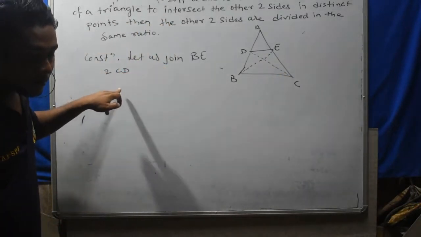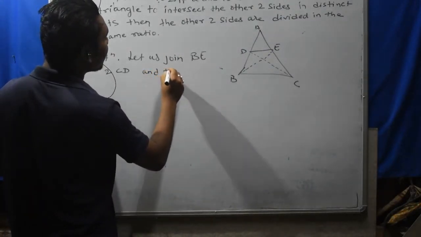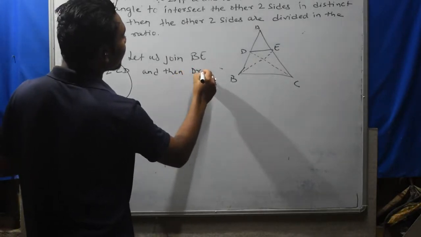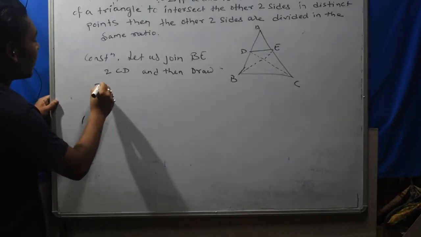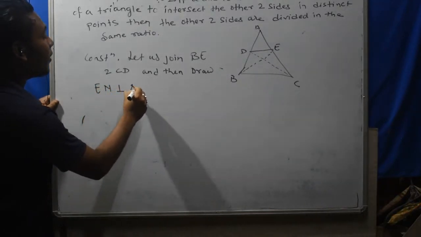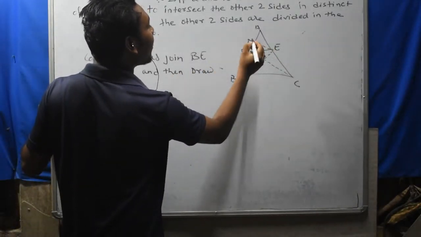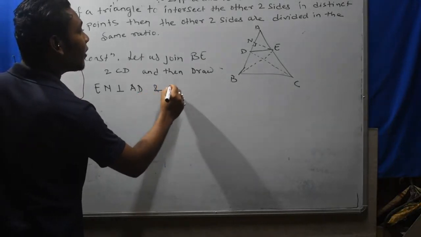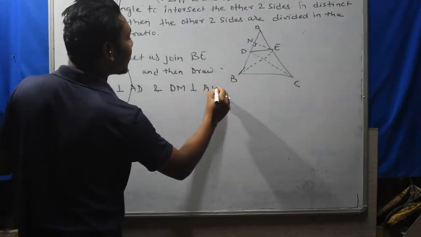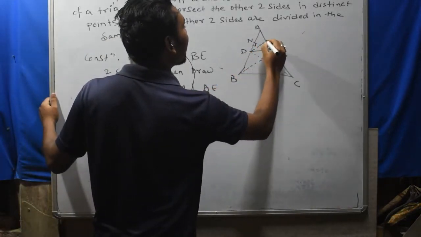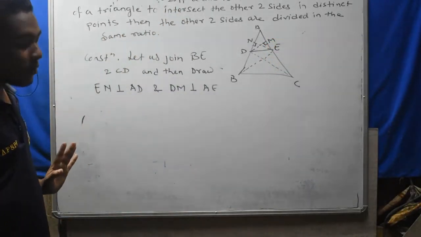Let us join BE and CD, and then draw EN perpendicular to AD, and DM perpendicular to AE. Okay, so this is the construction we make.